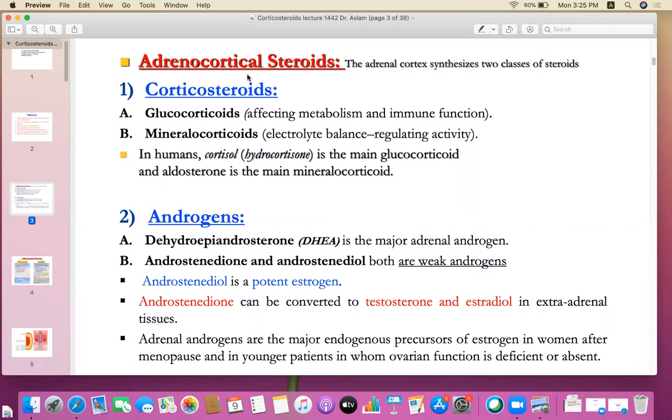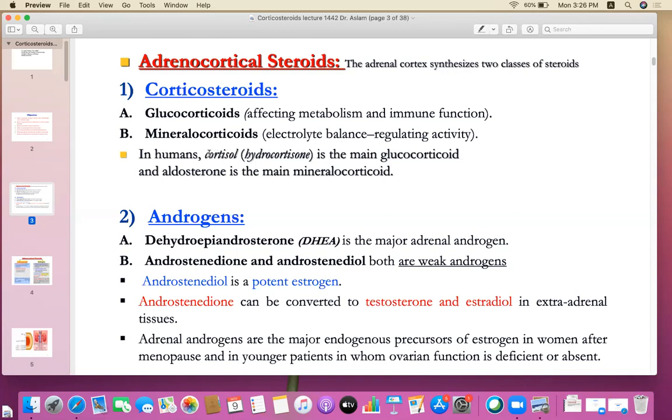So electrolyte balance plus water regulating activity is generally related with the mineralocorticoids. Now, in our human body, cortisol, another name of which is hydrocortisone, is the main glucocorticoid. We can say it is a stress hormone.